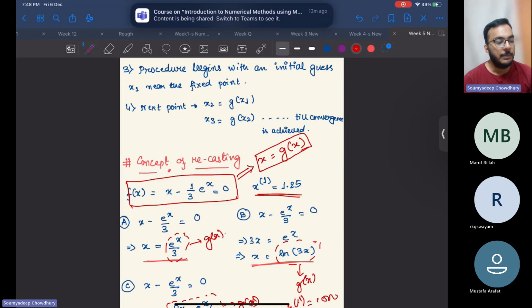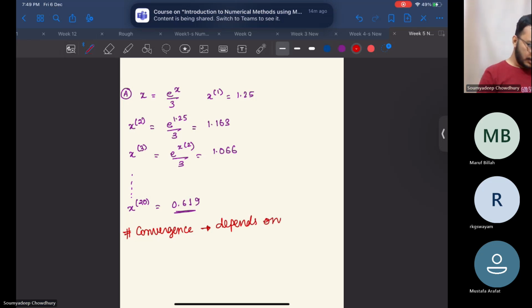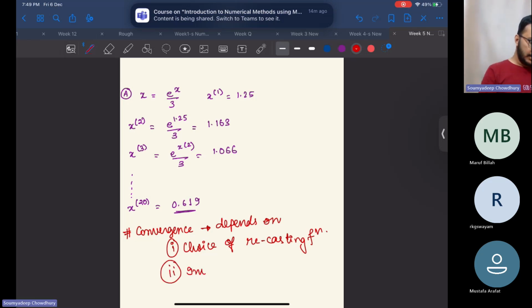So basically convergence depends on two factors: number one is the choice of the recasting function, and number two is the initial guess of the solution.